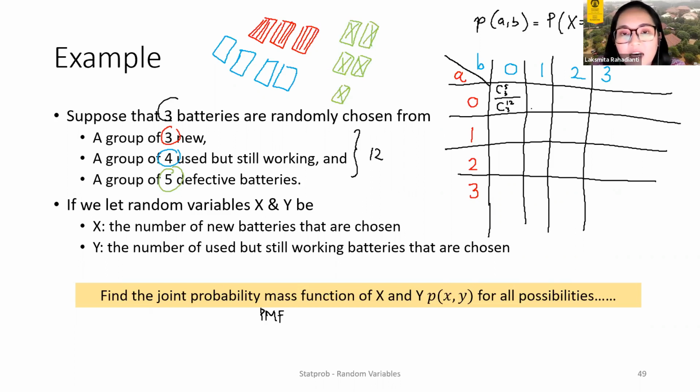Now, let's go on to this block here. In this case, I'm taking no new batteries, still 0, and I'm taking 1 of the used but still working batteries.